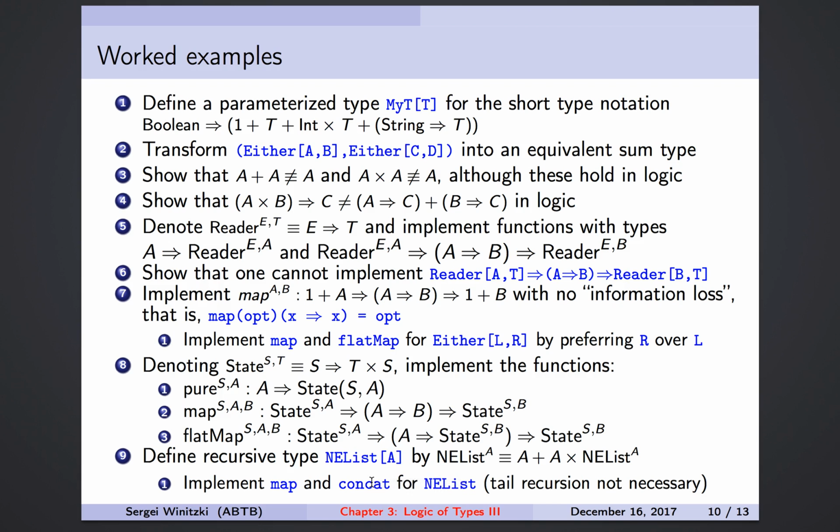Let's go through some worked examples to repeat what we have seen in this tutorial and get a bit more experience solving various problems using the Curry-Howard correspondence and reasoning about types. The first example is we want to convert a type notation into Scala code. This is something that we should be able to do. We should be able to convert in both directions.